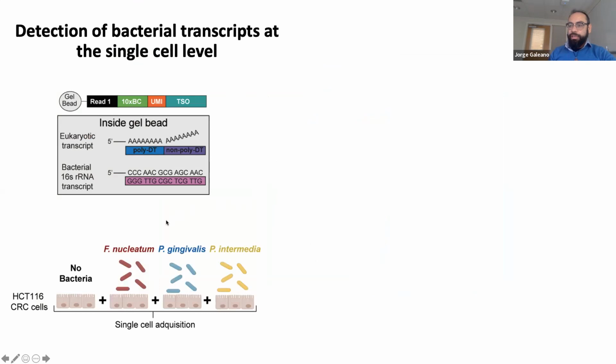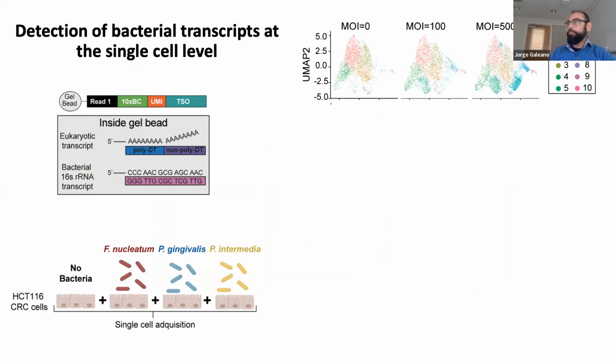So we have a co-culture of a colorectal cancer cell line, HCT116, with different bacteria species that were isolated from colorectal cancer tumors. What we found here is that in the untreated condition, at an MOI of 0, our cell line has transcriptional heterogeneity, because we can detect 10 different transcriptional groups.